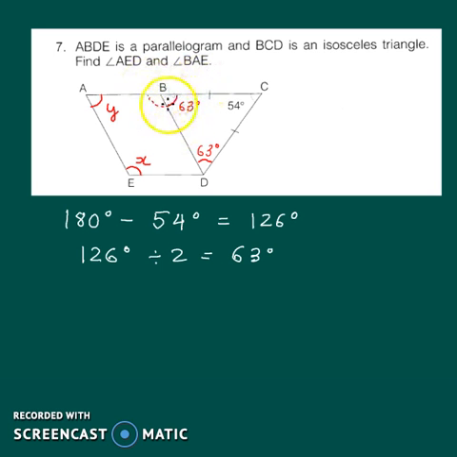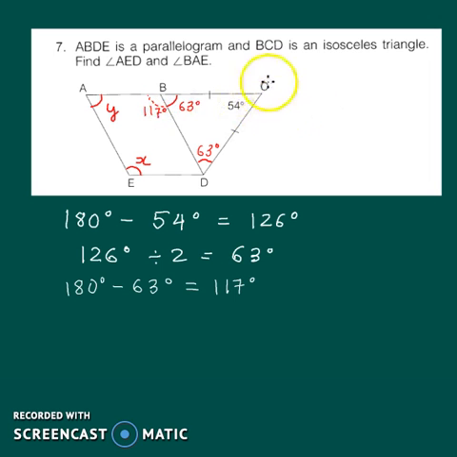So if that angle is cut by another straight line, I know that the total of these two angles is 180. If I subtract 63 degrees from 180, I'm going to know what the other side of this angle is. 180 minus 63 leaves us with 117 degrees. So I just found the value of this angle here, 117 degrees.